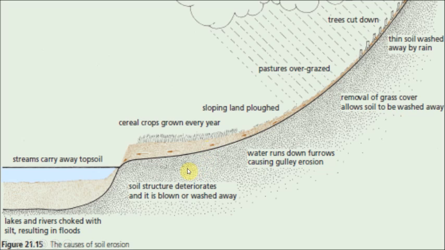So it means that the soil structure and level of nutrients decreases over time, and then you're not going to be able to grow crops on there. So there's a couple of things going on here. You've got soil erosion destroying this water system because it can poison it with silt, which is just water with soil mixed into it, and you've also got this soil structure being destroyed due to overcropping.